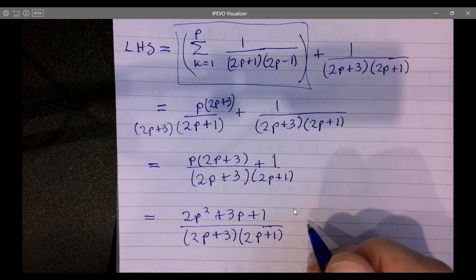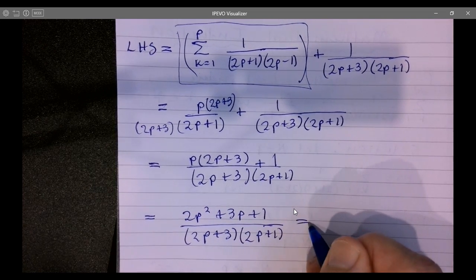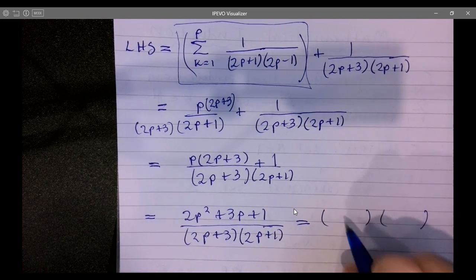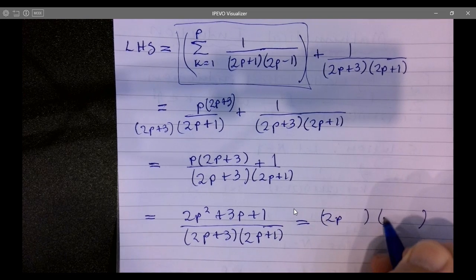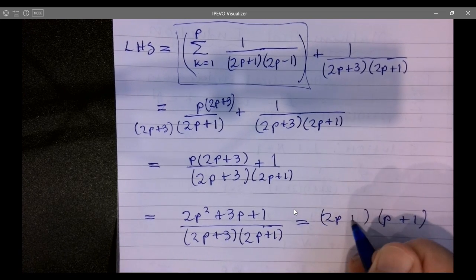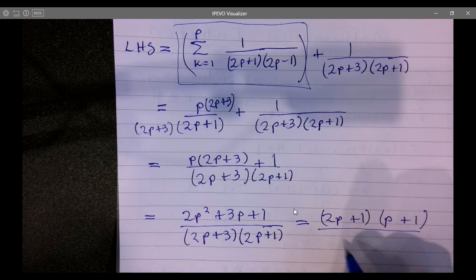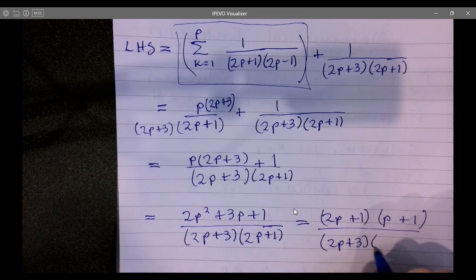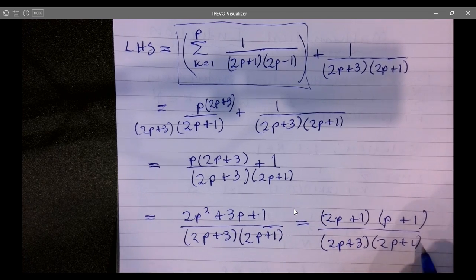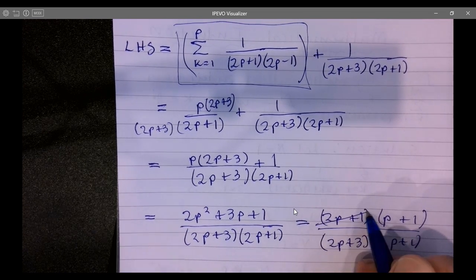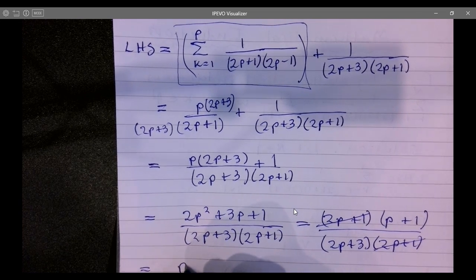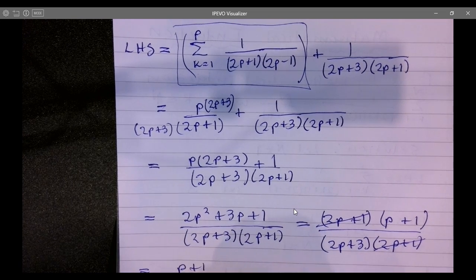Now I can factorize the numerator, so 2p and p, 1 and 1, and then it'll be (2p plus 1)(p plus 1). So I can cancel common factors, and I end up with p plus 1 over 2p plus 3.